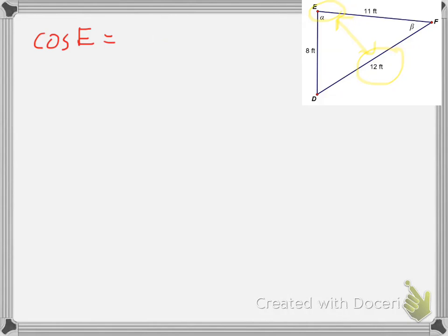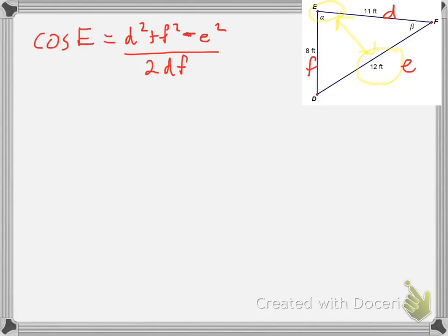Let's call this little e, we'll call this little f, and we'll call this one little d. So we're going to use the other two sides that don't have e's in them, so d squared plus f squared, and then we're going to use the side e, so we're going to subtract though and square it, and we're going to divide it by 2df. Okay, and we'll be able to get that. And then we can use the law of sines to get beta after that.